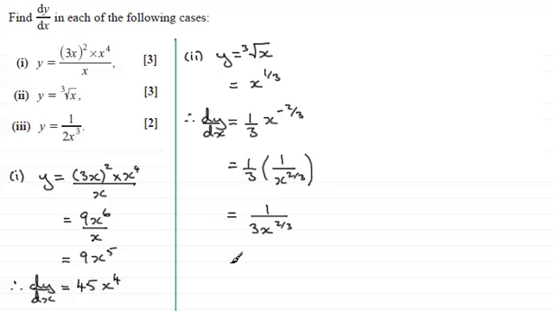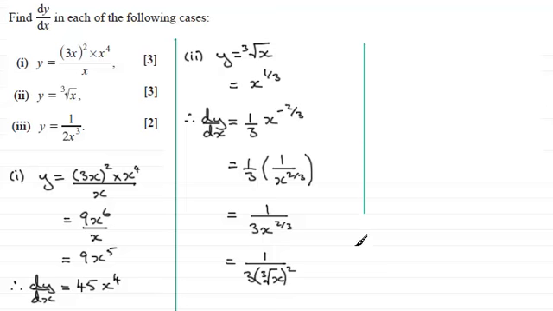You could leave it like that, or you could take it even further still. You could rewrite the x to the power 2/3 as the cube root of x for the 3rd part there, and then for the 2 here, all of this is squared. So there's another alternative. Anyway, this answer, as I said earlier, is quite acceptable for the 3 marks.